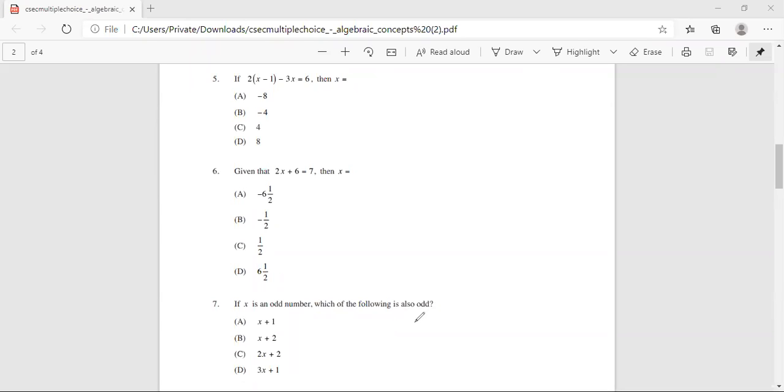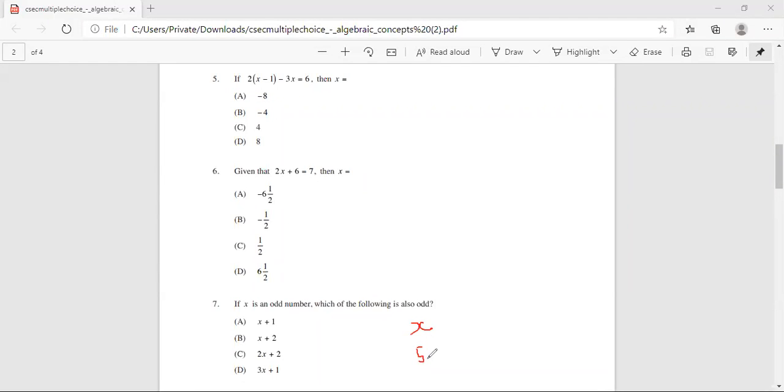They say if X is an odd number, let's say this X is 1, because it's odd. Let me use 5 instead.